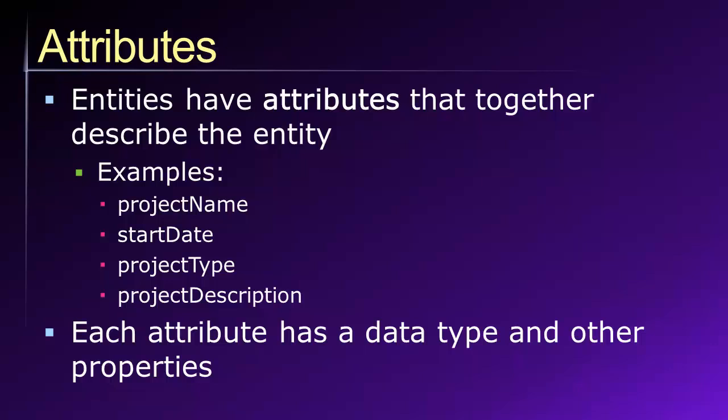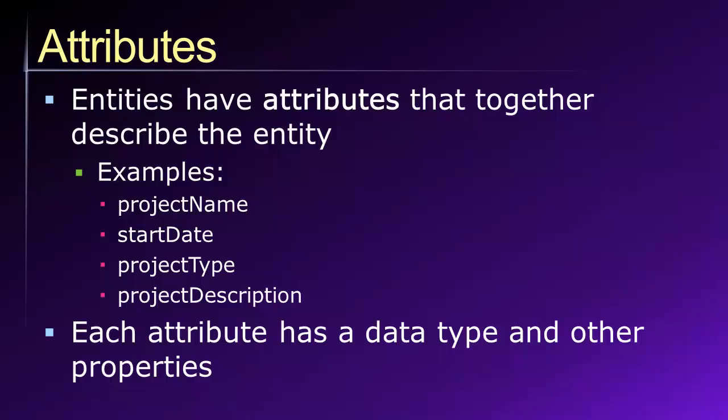If we're talking about a project entity, we may have attributes that we want to track, such as a project name, or the start date of the project, or the type of project, or a description of the project.